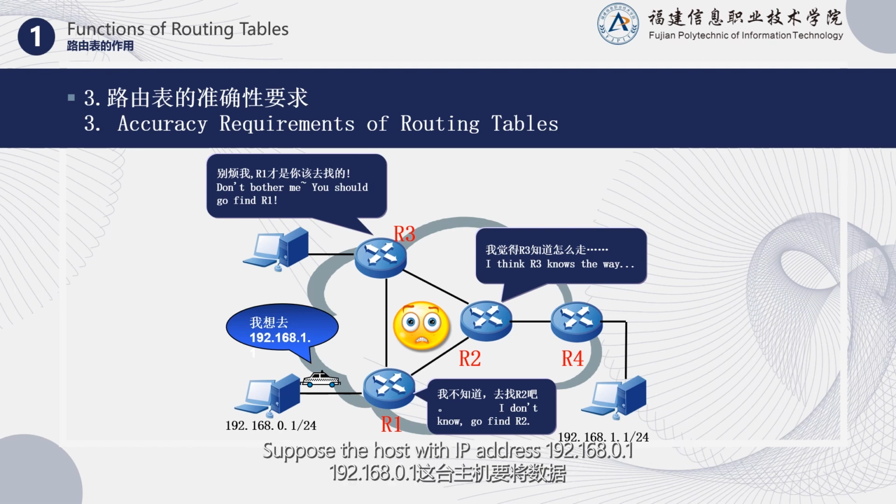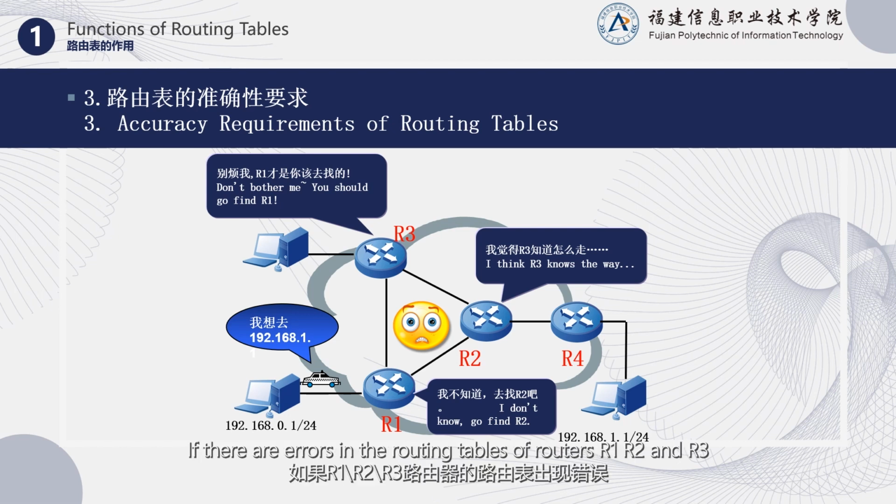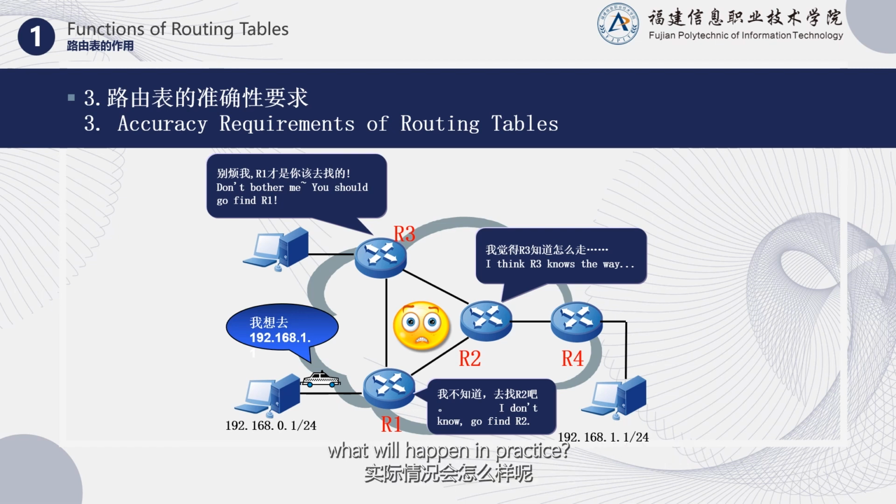The topology in the diagram is an example of a routing loop. Suppose the host with IP address 192.168.0.1 wants to send data to the 192.168.1.0 network. If there are errors in the routing tables of routers R1, R2, and R3, what will happen in practice? Firstly, the data is sent to router R1. Since R1's routing table is incorrect, it forwards the data to R2.